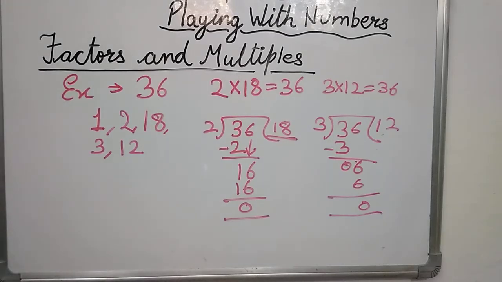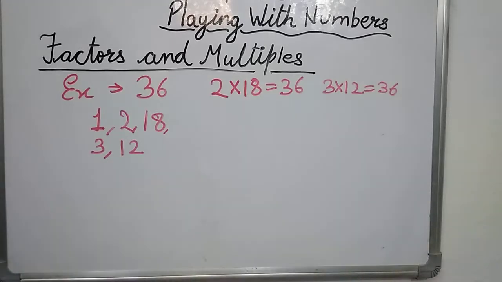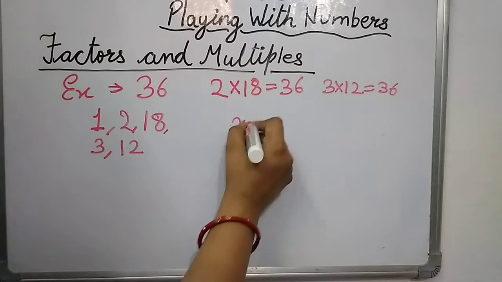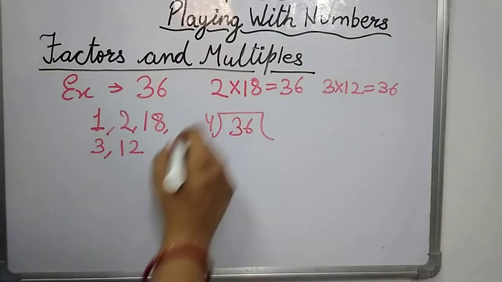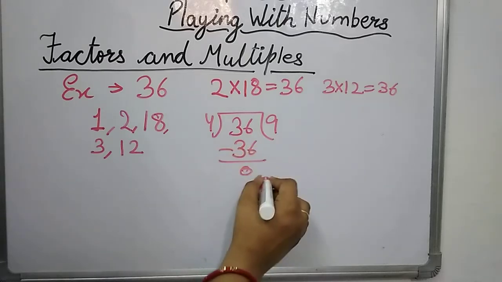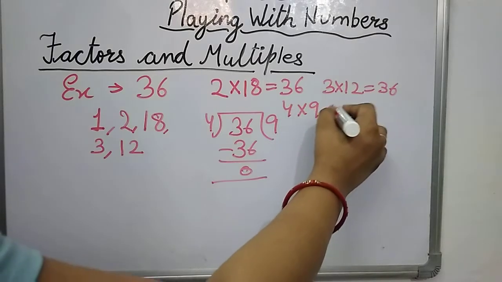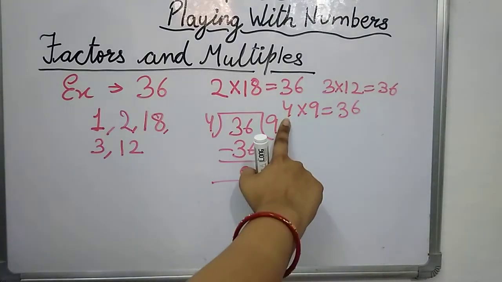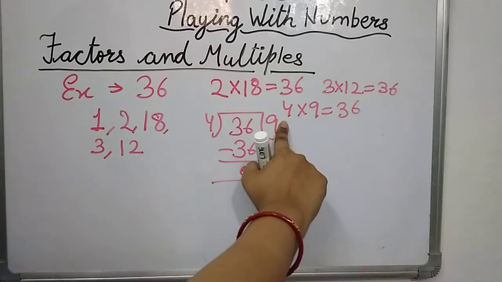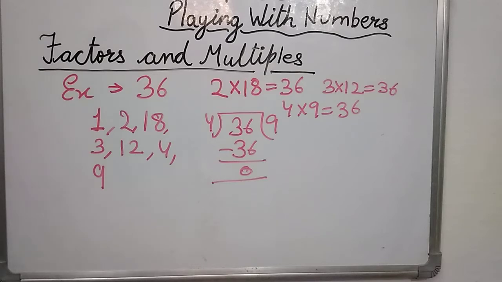Now let's divide 36 by 4. We all know 4 9s are 36. Remainder is 0. So we can write it as 4 multiplied by 9 is equal to 36. Again, we got two more factors of 36, 4 and 9.